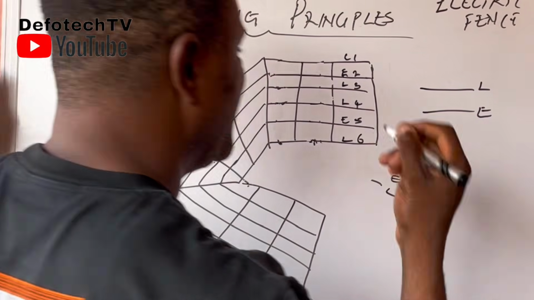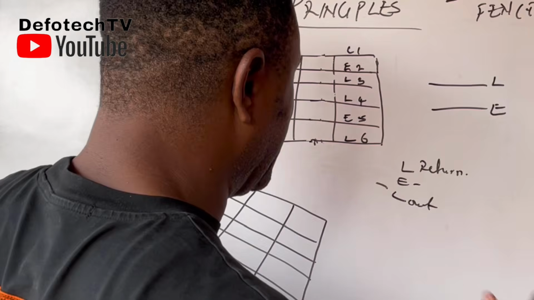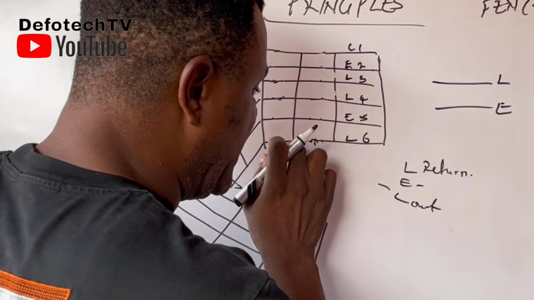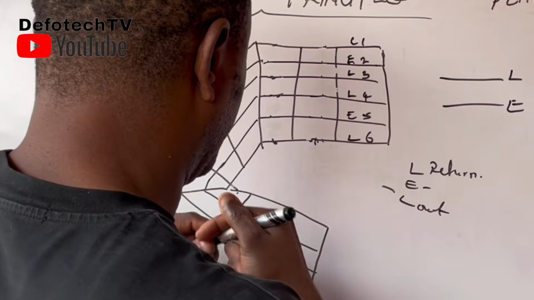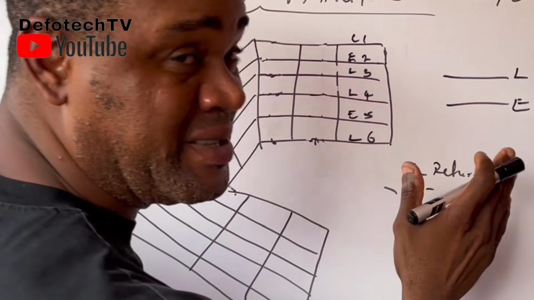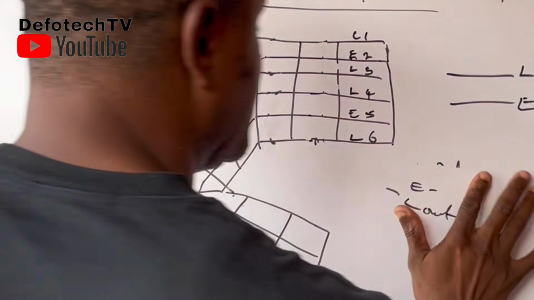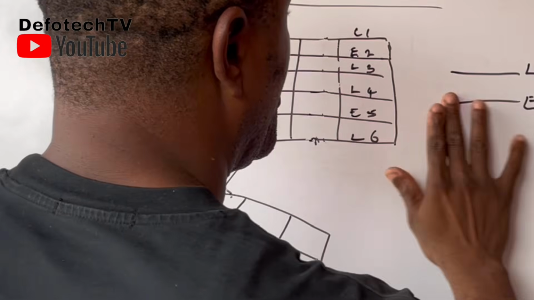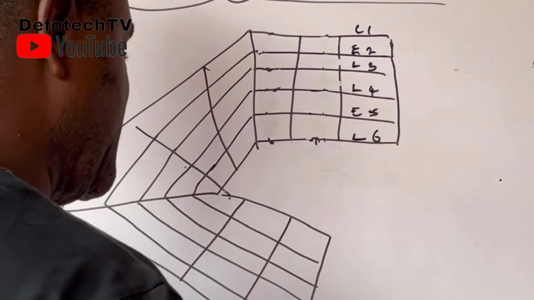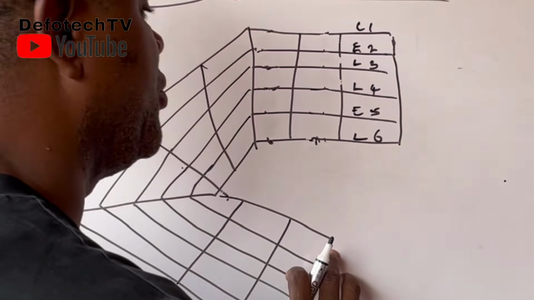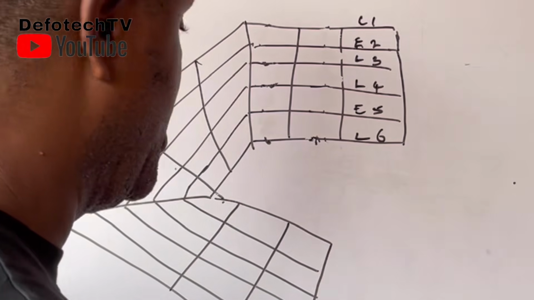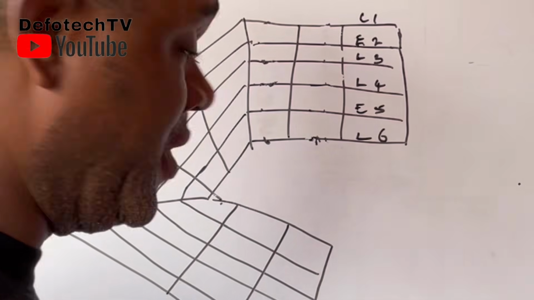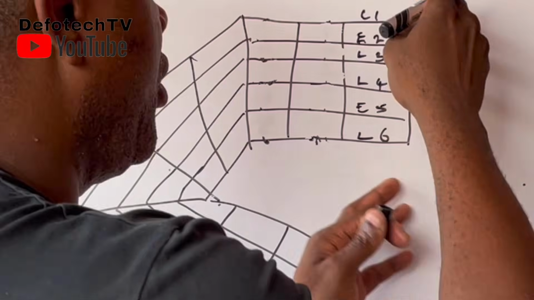Now, your cable from your energizer, if at all, is going to be anywhere around this place, it means there must be a break between the left-hand side and the right-hand side using a spring. But let's assume we don't have that break. We want to come in from here. So our looping should either be from here or from here.